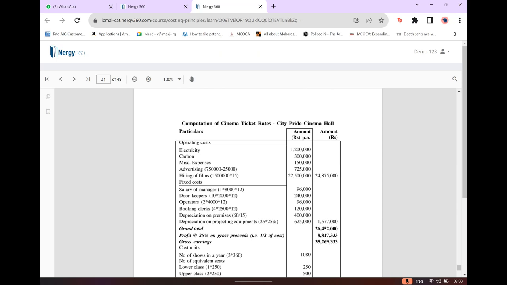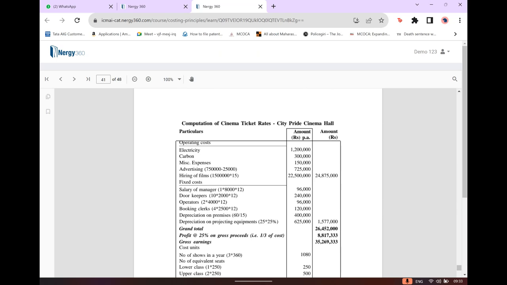Depreciation on premises will be 60 lakhs divided by 15, that is 4 lakhs.